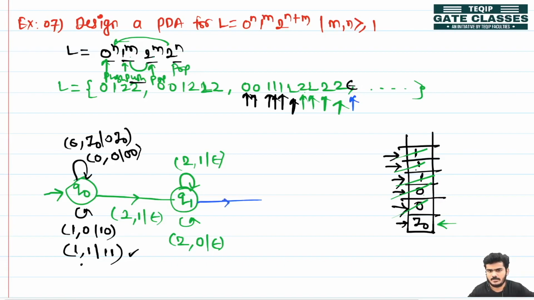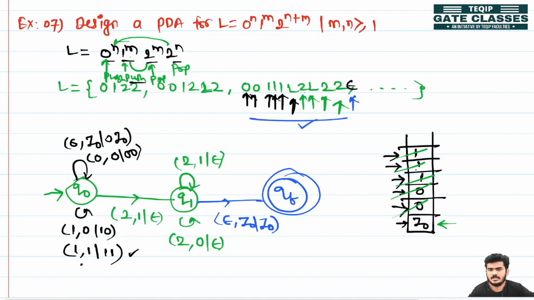So with epsilon and top of the stack Z naught, I keep it as Z naught only, and I move to the final state and accept this string. So this string is accepted by this PDA, or we can say that all the strings that belong to the particular language will be accepted by this PDA.